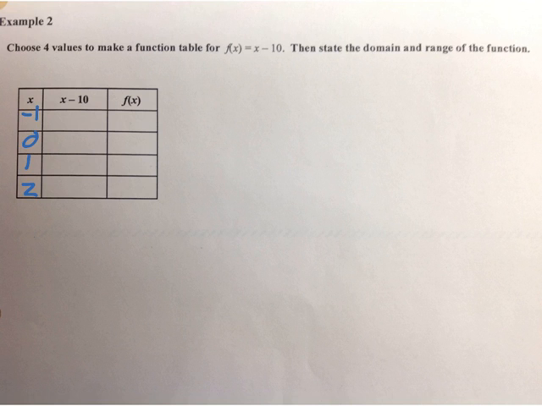So in this case, our rule is x minus 10. So -1 minus 10, using our integer rules, that is -11. 0 minus 10 is -10. 1 minus 10 is -9. And 2 minus 10 is -8.